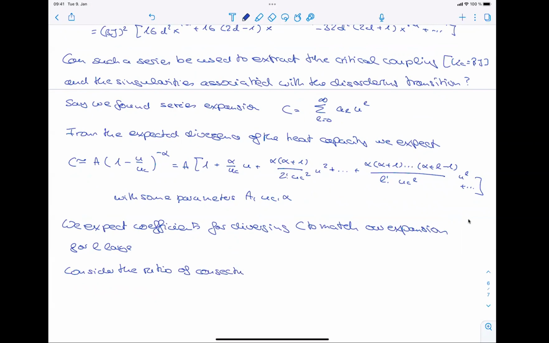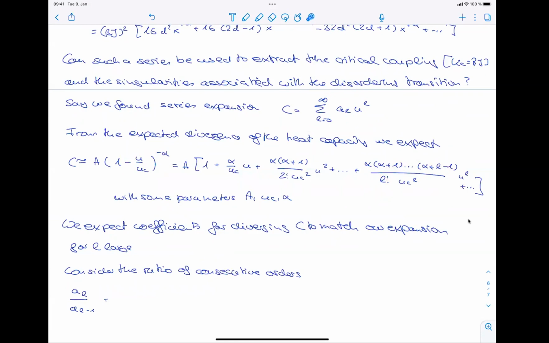So if we have in our low temperature series expansion the terms that we get for A_L relative to A_L minus 1, we compare this ratio now to this expected behavior, and we look at the ratio of two subsequent terms.